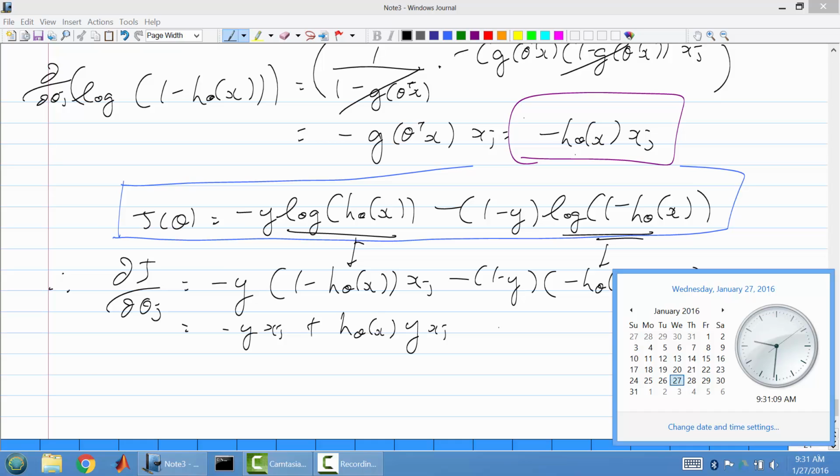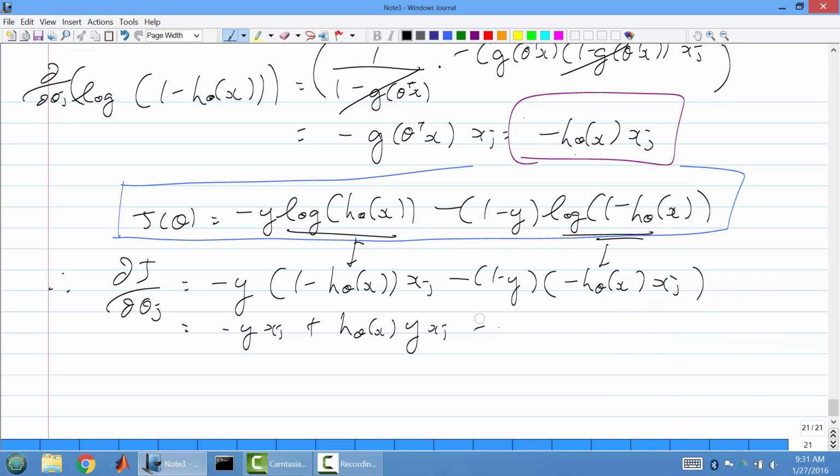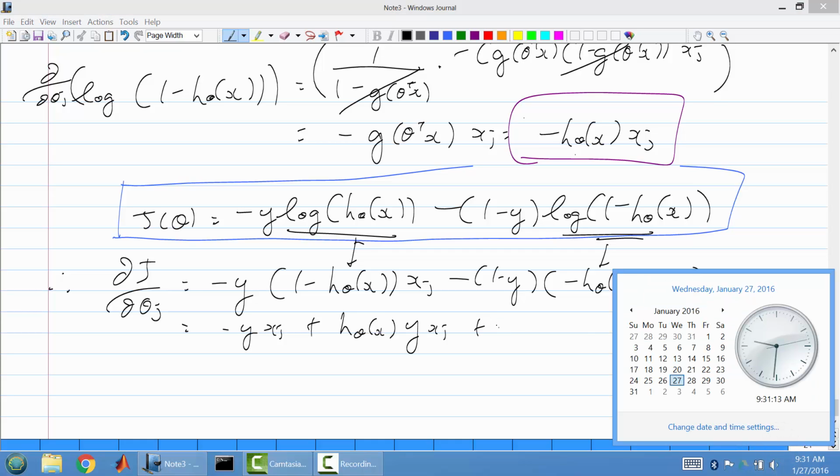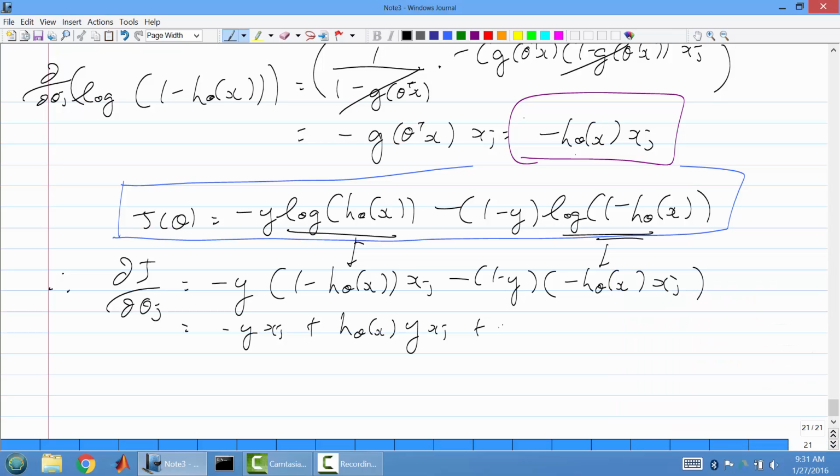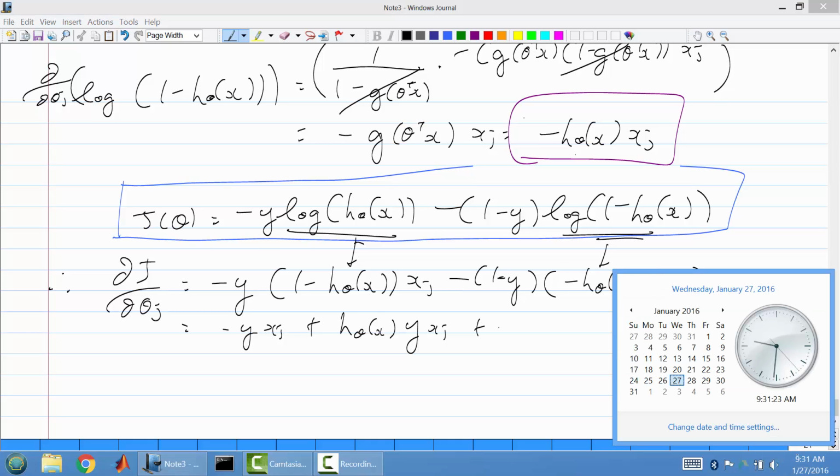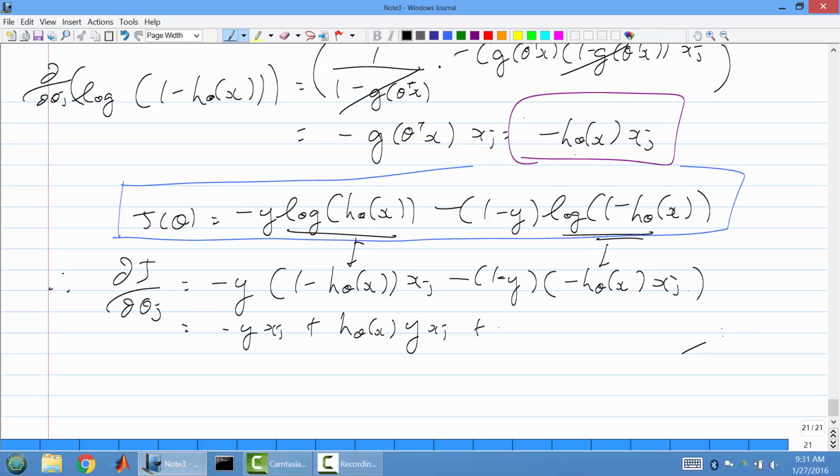And then when we expand this, minus minus becomes a plus, so this is plus y xj.